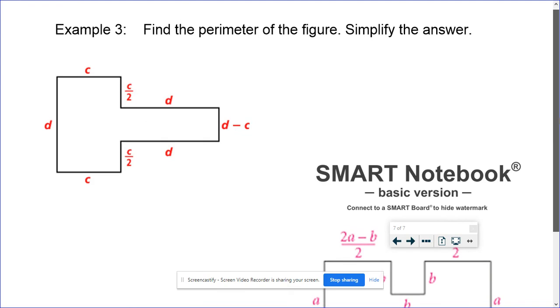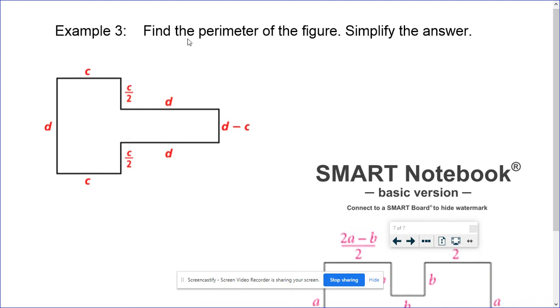And then last example, find the perimeter. So what you learned in geometry is that perimeter is adding up the lengths of the outside of whatever the object is. So in this case, it's not a normal rectangle or something like that. So there's multiple sides. So you're just adding up all the sides. You can only add the c's together with c's and the d's together with d's. c divided by 2, think about it.